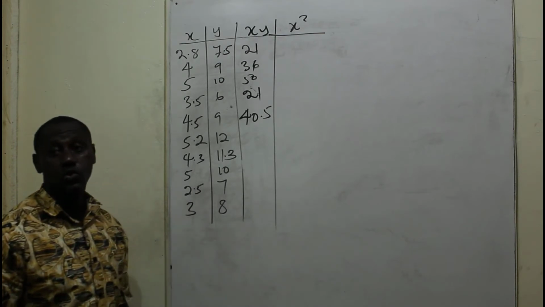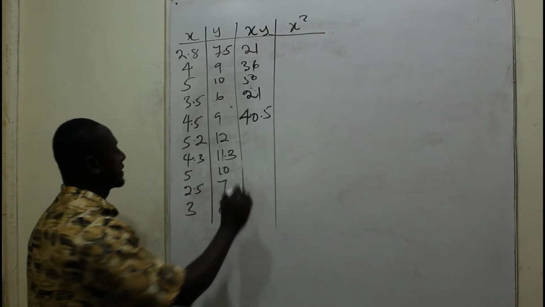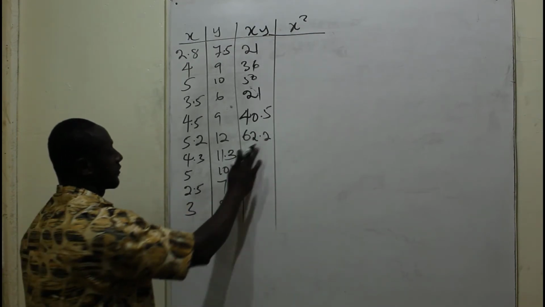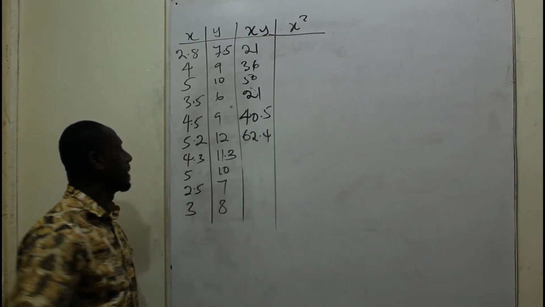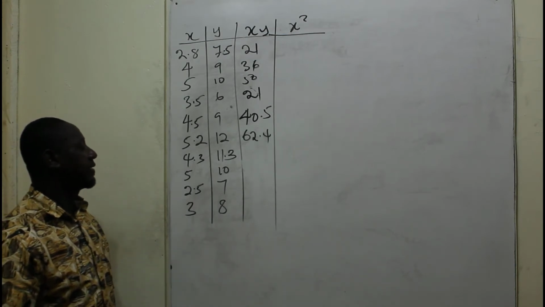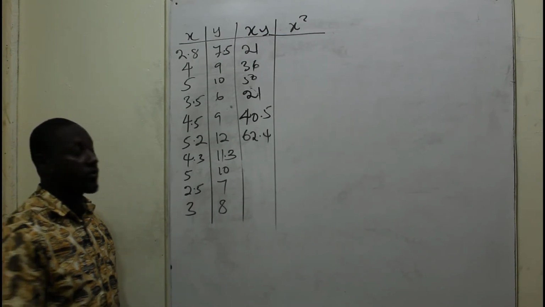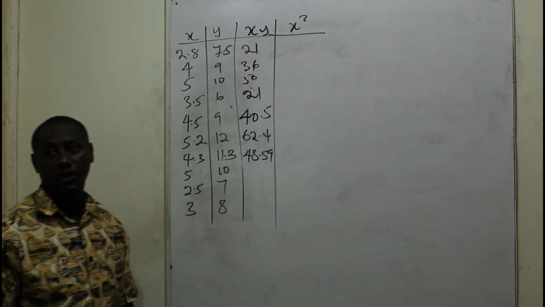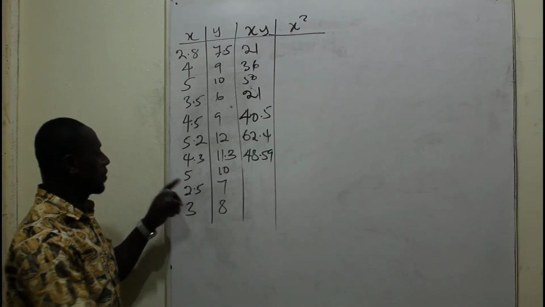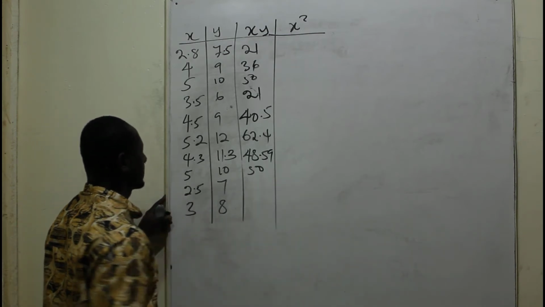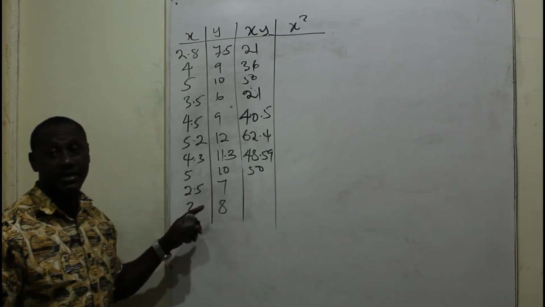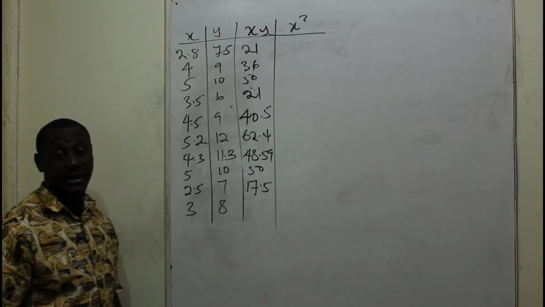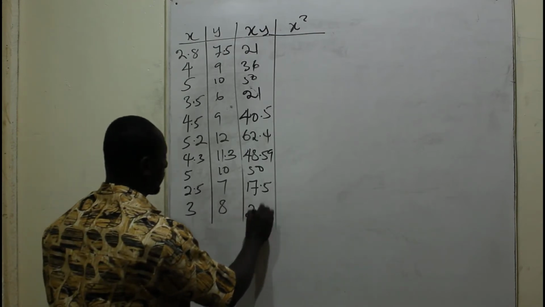Then 5.2 times 12 is 62.4. Then 4.3 times 11.3 is going to give you 48.59. Then 5 times 10 is 50. 2.5 times 7 is equal to 17.5. Then 3 times 8 is equal to 24.